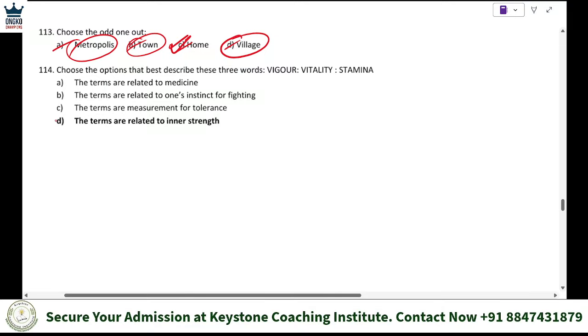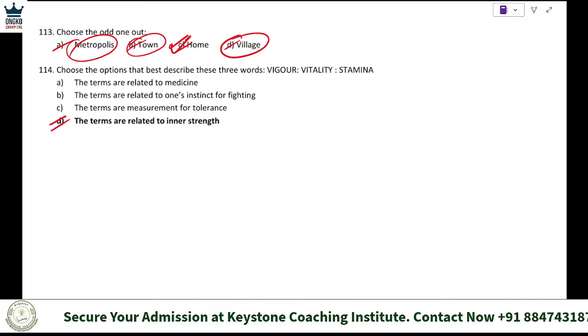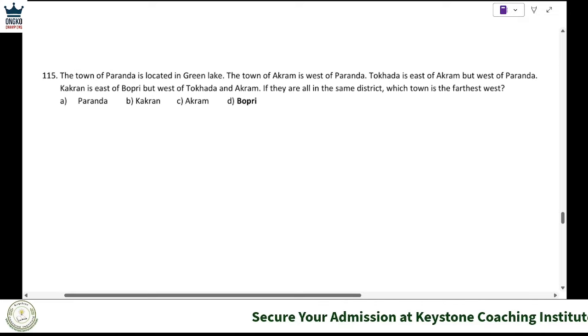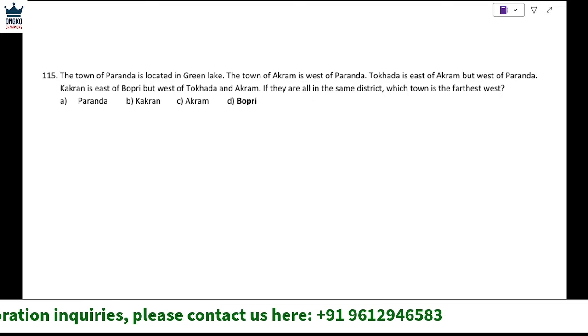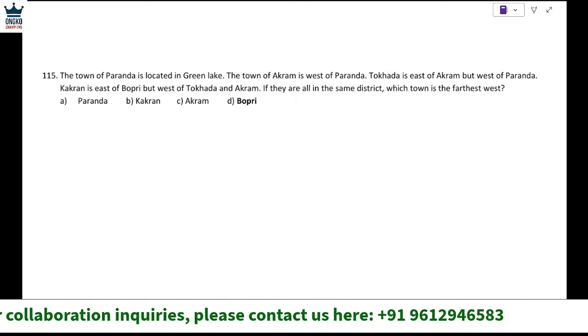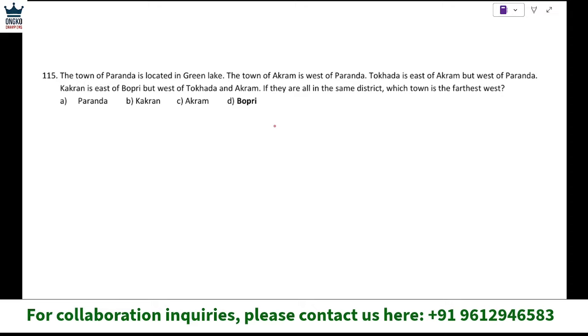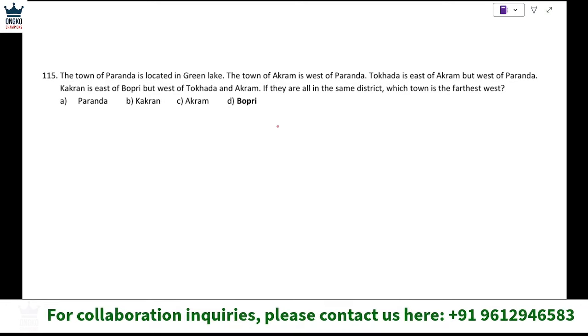Okay, so you can try this one. The town of Baranda is located in Green Lake. And the town of Akram is west of Baranda. Tokata is east of Akram but west of Baranda. Right.